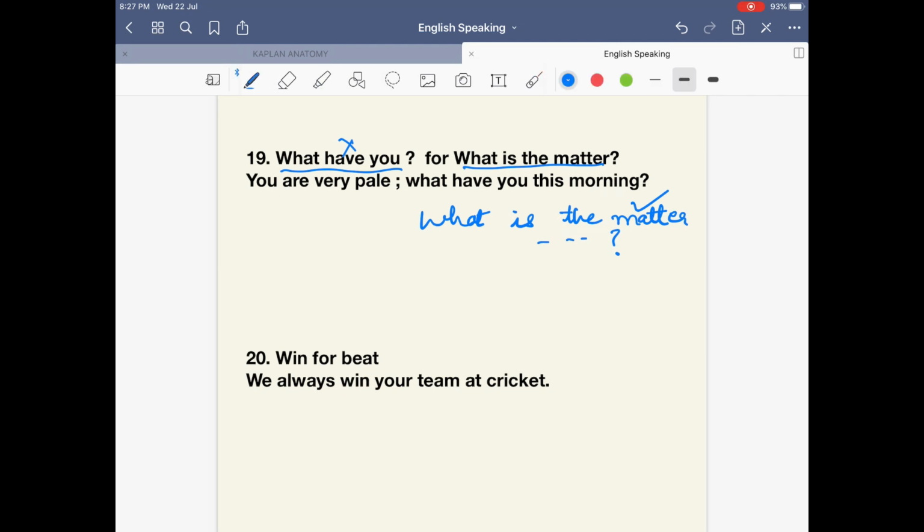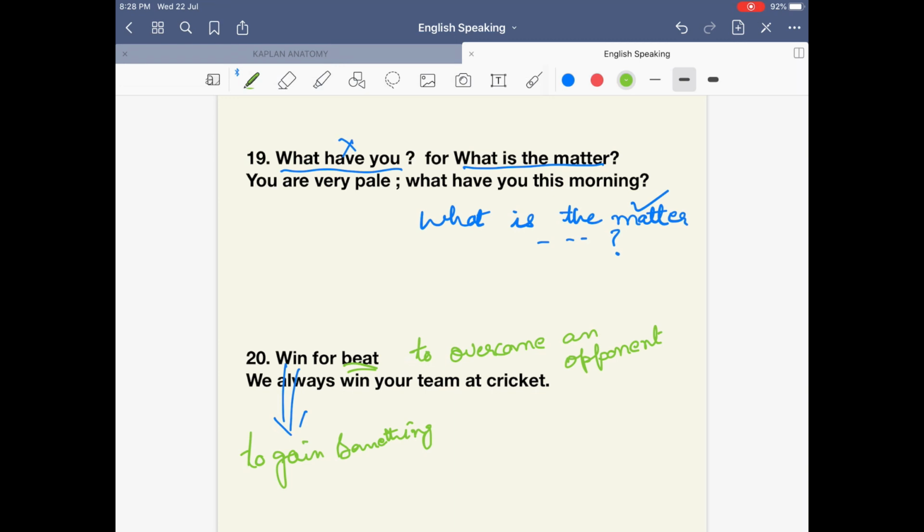What should it be? "Win" actually means to gain something. Win is used when you gain something, and the word "beat" is used to overcome your opponent, who is playing opposite to you. Win and beat are contrasting words.